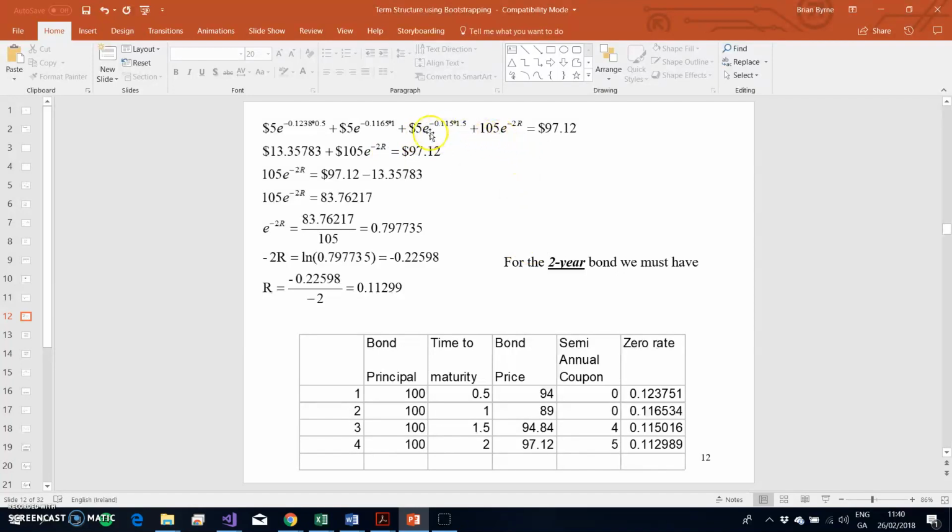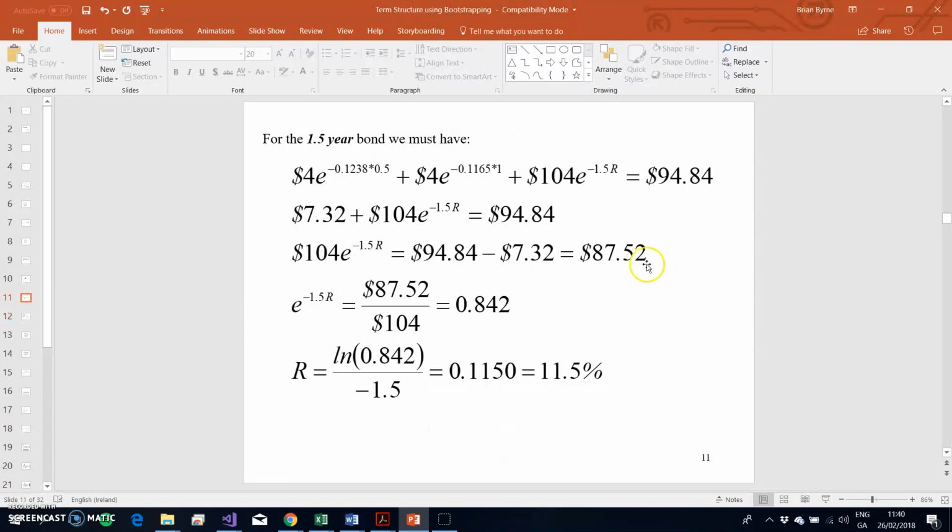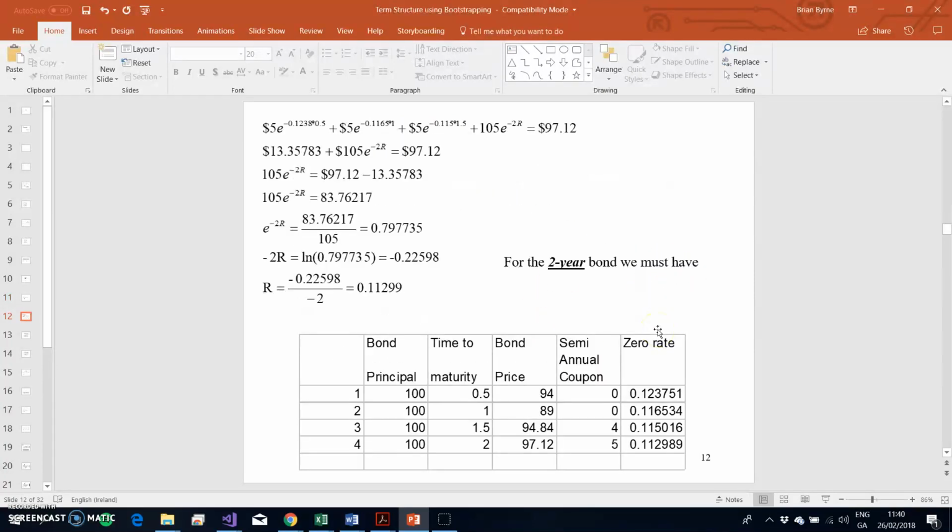And what we discover is the rates we estimated earlier, including the 11.5 that we have here, will be recycled or bootstrapped back in. So the bond structure is a coupon of 5 in month 6, in month 12, 5 in month 18, and then the face of 100 plus the 5 coupon at month 24, or year 2. That sequence of payments is going to be made by the bond.